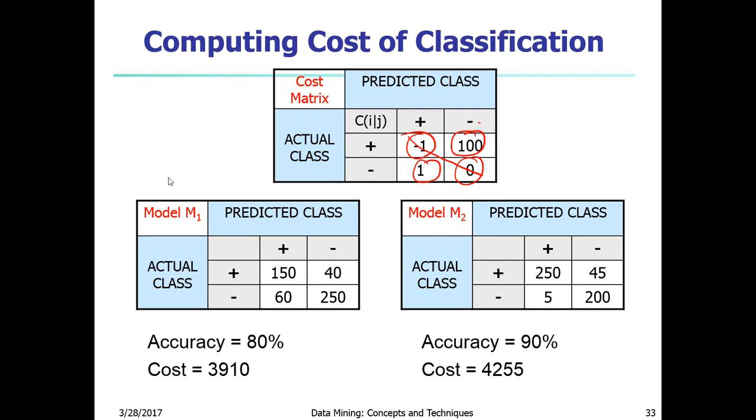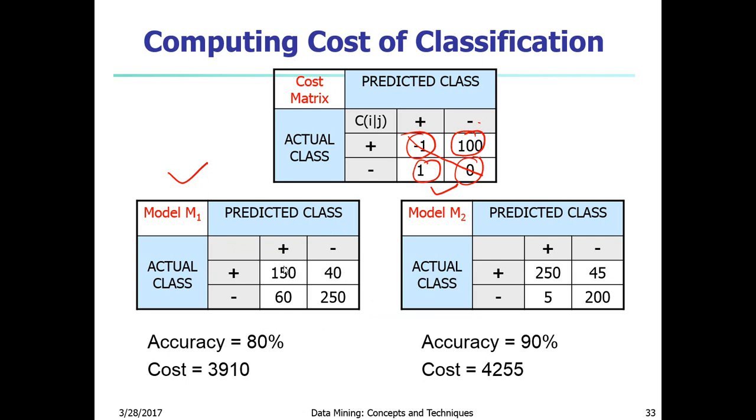And there are two models, model 1 and model 2. We have the number of correct predictions and wrong predictions for M1 and M2. By the way, the total number of observations is the same. It's just that the models have predicted differently.